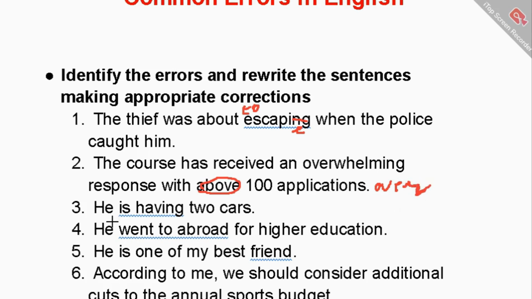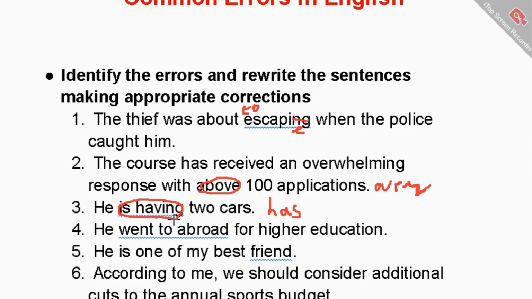Now the next, the third one, is: he is having two cars. Now it is wrong. He is having two cars. It should be: he has two cars. So instead of having, he has. In place of is having, you should write has. He has two cars.